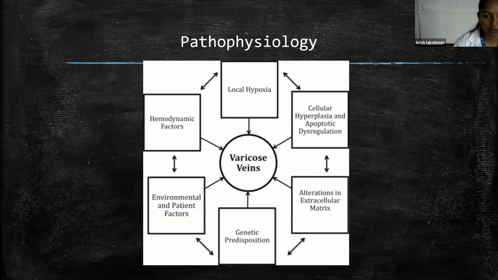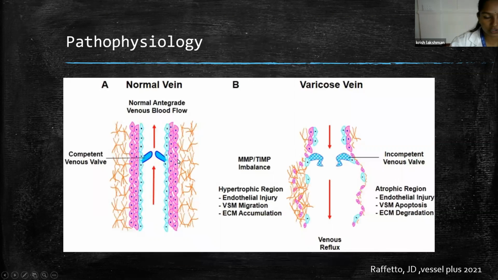So pathophysiology involves all the causes I have mentioned previously. The genetic and hemodynamic factors and also the lifestyle and environmental factors of the patient together affect cellular hyperplasia and apoptotic dysregulation. So what happens is the venous wall, which is already thin in general compared to the arterial wall, gets damaged, which results in dilation of the venous wall.